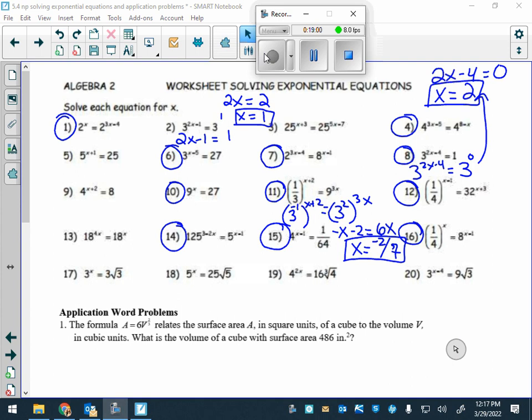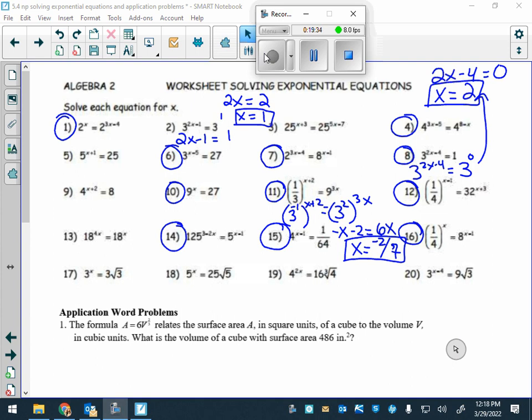Number 12. Someone get something different? Rory? -13/7. Okay. So for number 12, you have 1/4 to the x minus 1 equals 32 to the x plus 3. 4 and 32 have what base in common? 2.